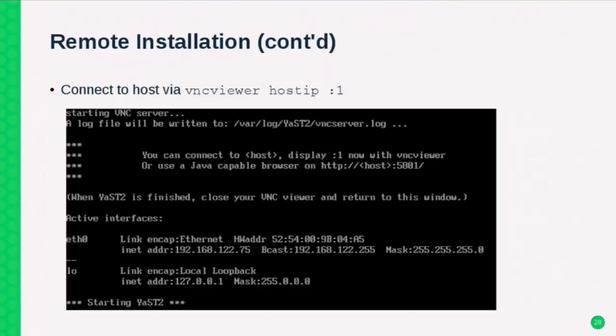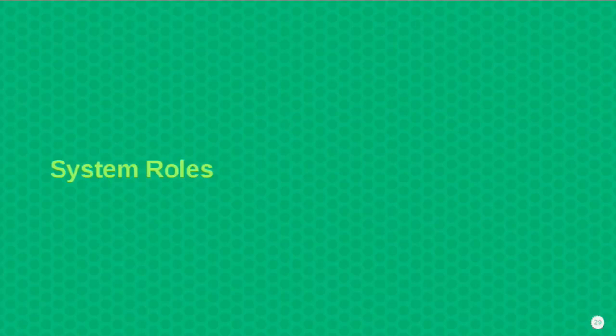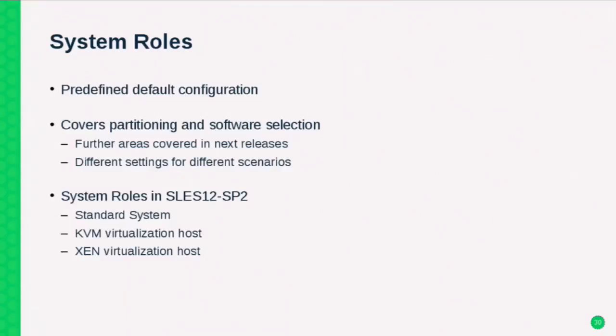A new feature in SUSE Linux Enterprise Server 12 Service Pack 2 is system roles. So there are predefined roles for systems, and depending on that, you have partitioning or software selection predefined.